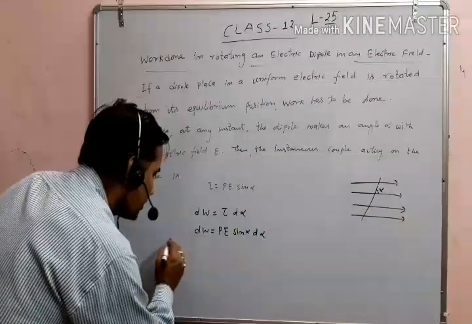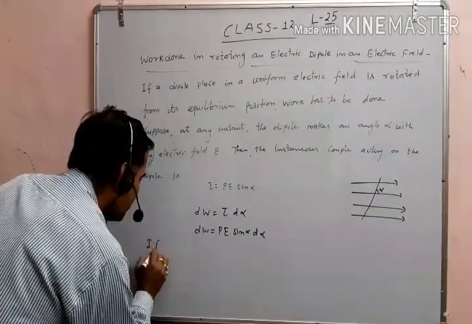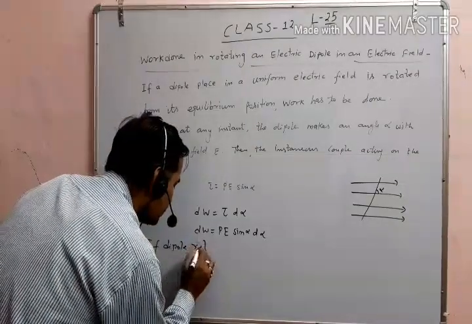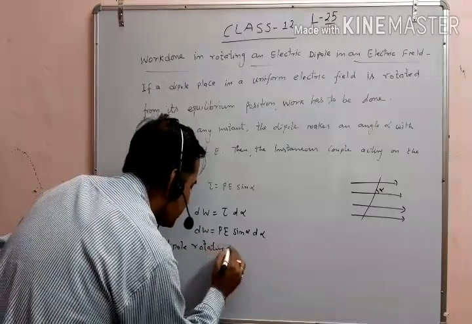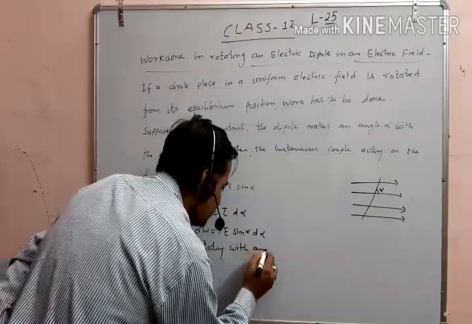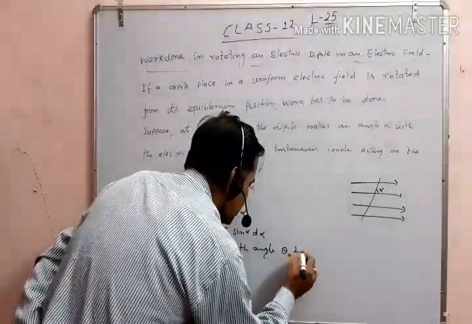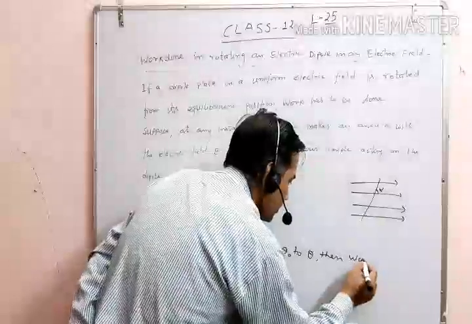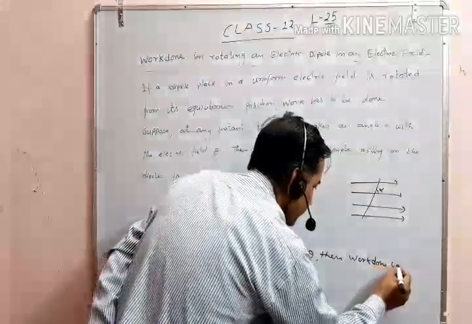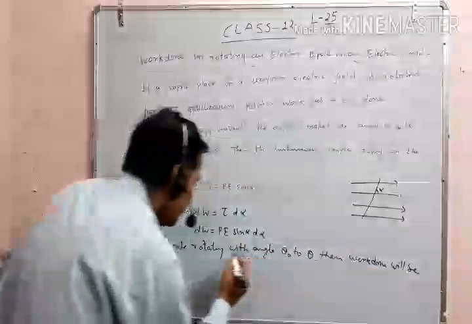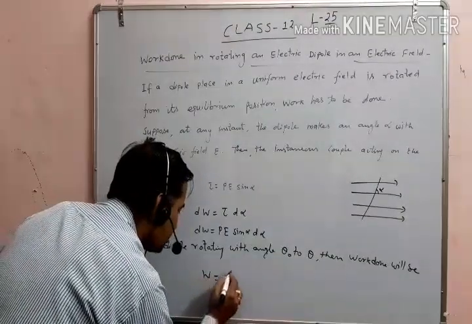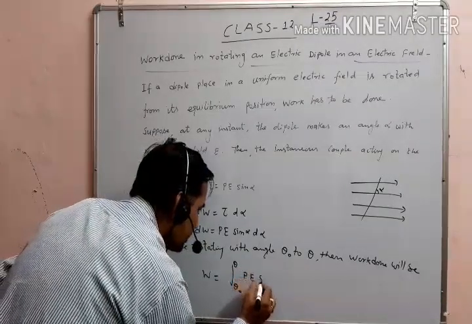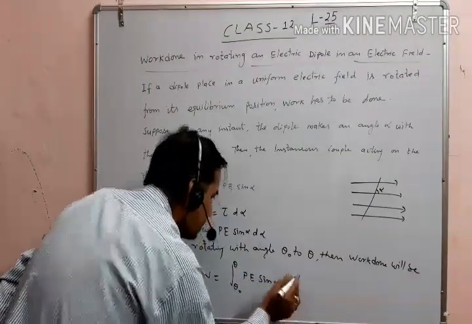Now if a dipole is rotating from angle theta naught to theta, then the work done will be W is equal to the integral from theta naught to theta of P E sine alpha d alpha.